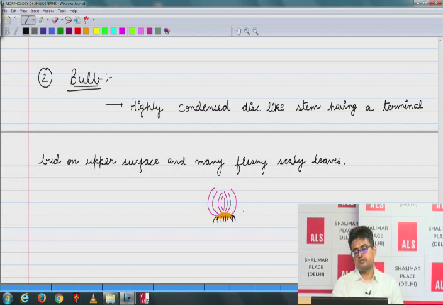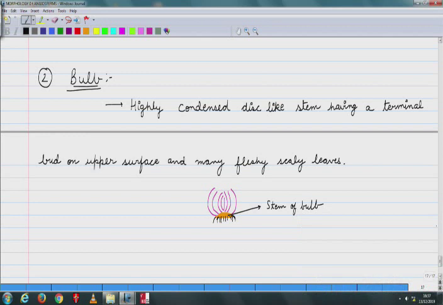This is the stem of bulb. This is the transverse section I'm drawing for you here. This is the disc shape structure, right? This is the stem of bulb. Examples of bulb: onion and garlic.